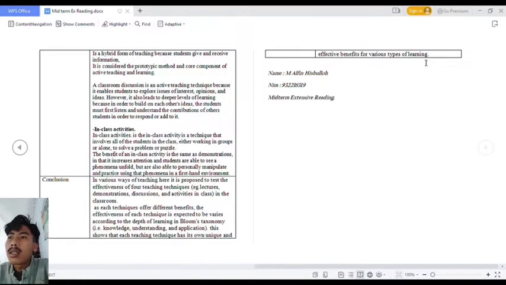In addition to the literature on the effectiveness of active teaching techniques, the current study empirically examines several commonly used active teaching techniques.